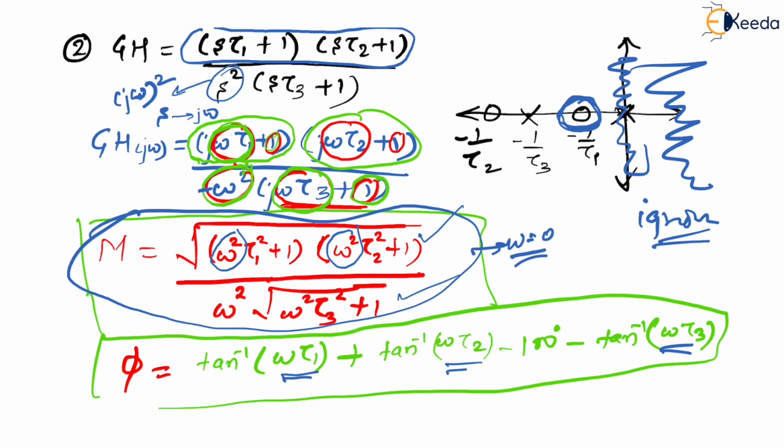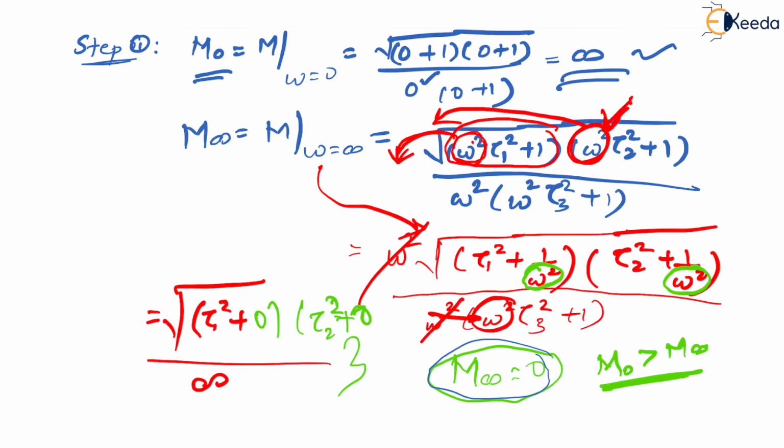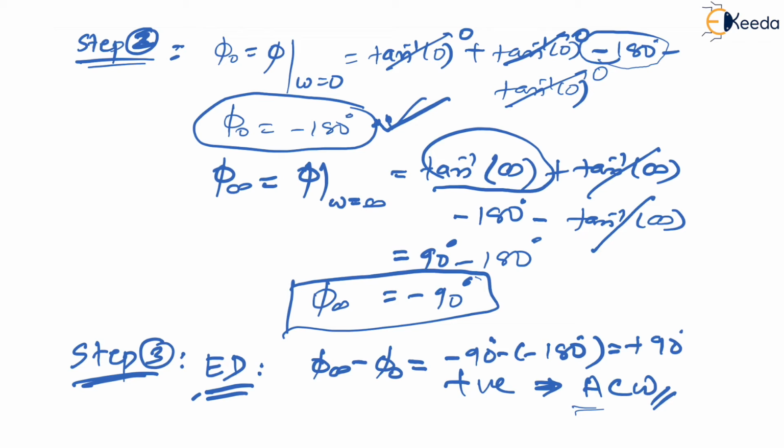But when you have two zeros, what has happened?